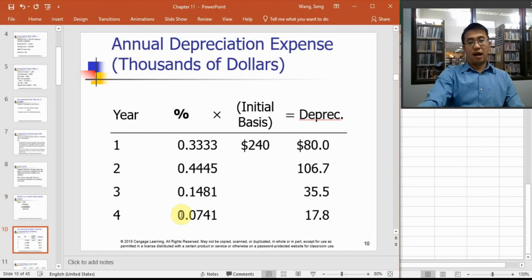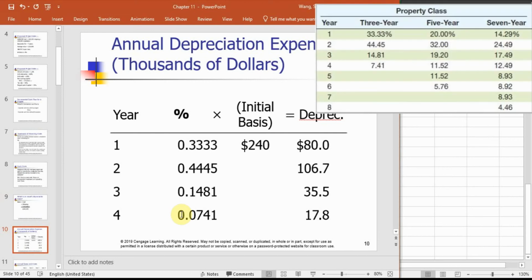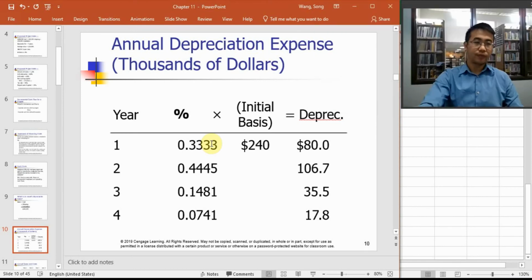And for the MACRS depreciation method, here is the table given by the IRS. These are all percentages, and this would be the percentage of depreciation for each year. It gives you 4 years of depreciation for your 3-year assets. As you can see, all of the 4 percentages add up to 100%.